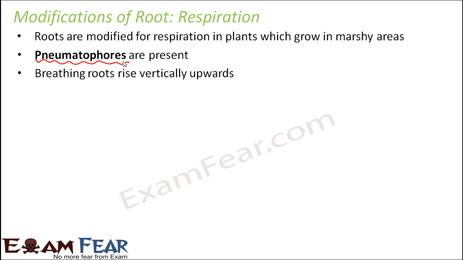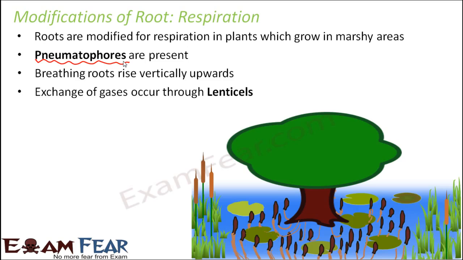Now you remember that context when I told you that it is not necessary that all roots have to grow deep into the soil. There are roots which actually grow upwards instead of growing downwards. So let us look at an example. Let us look at this picture to understand how exactly these pneumatophores are. Here you can see a big plant which grows in a marshy area where you have that muddy area with a lot of water but less oxygen.